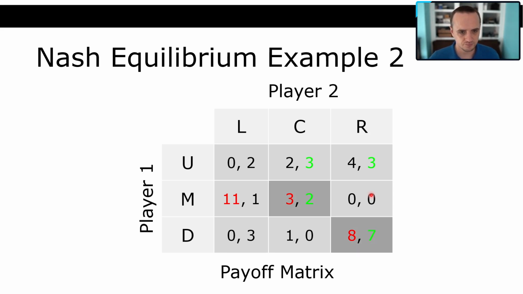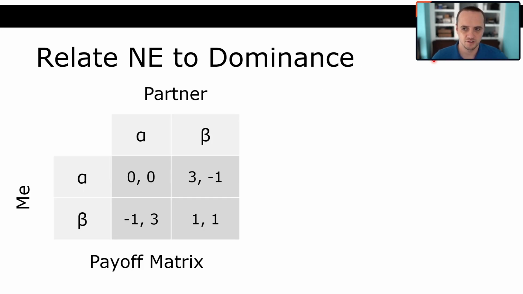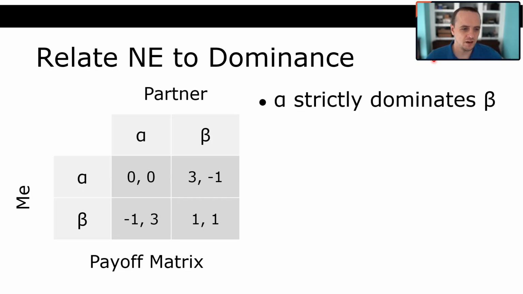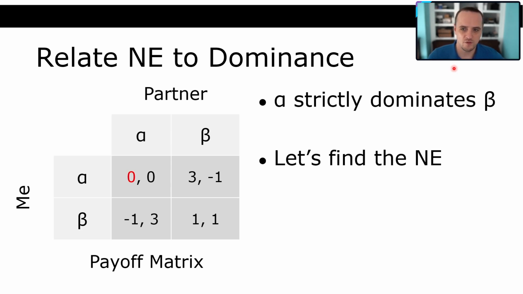So you can kind of put together now that there's this relationship between Nash equilibria and dominance. In our first example, alpha strictly dominated beta. Let's find the Nash equilibria here. We have a best response here, here, here, and here.